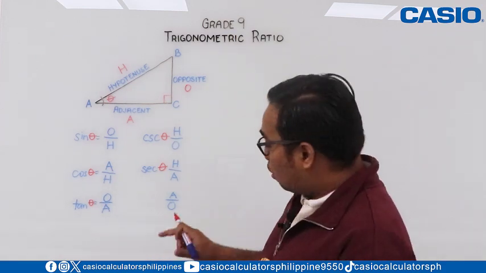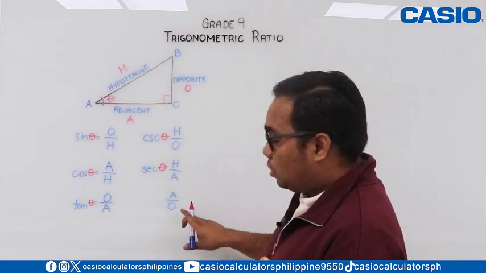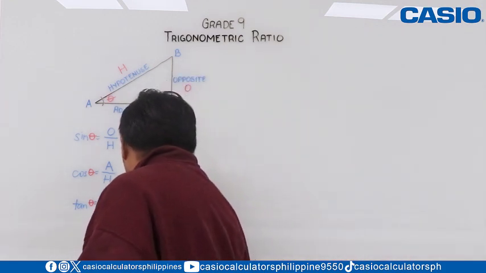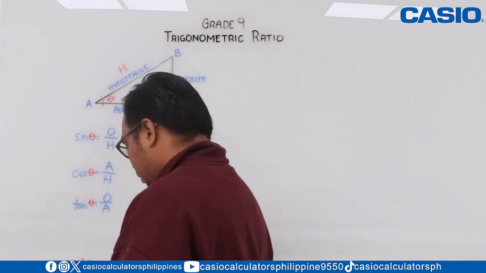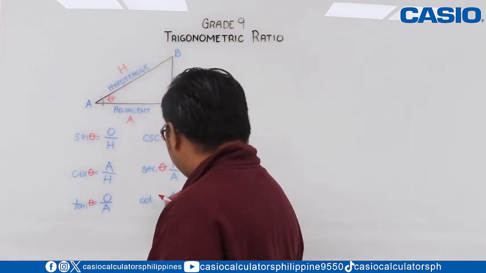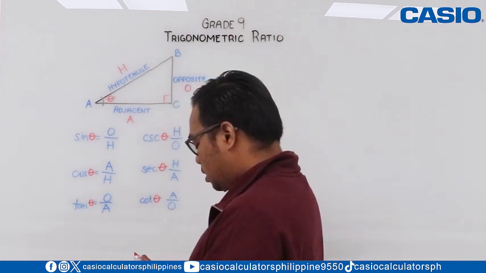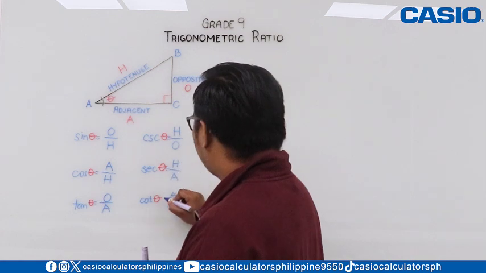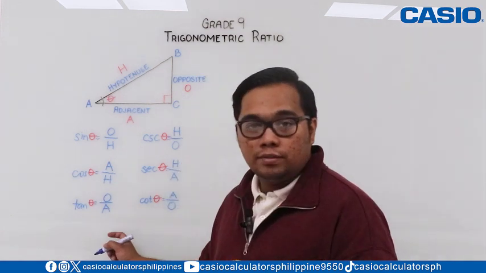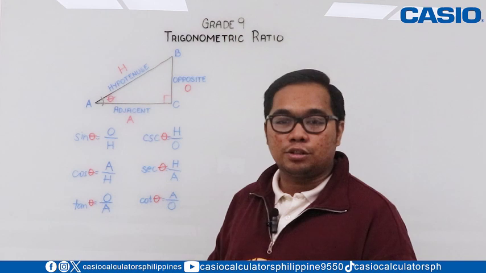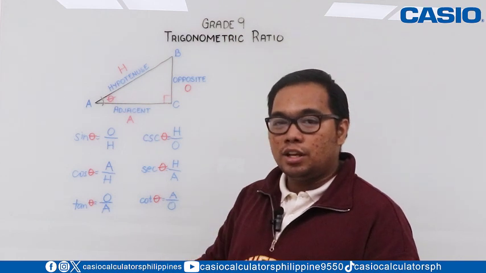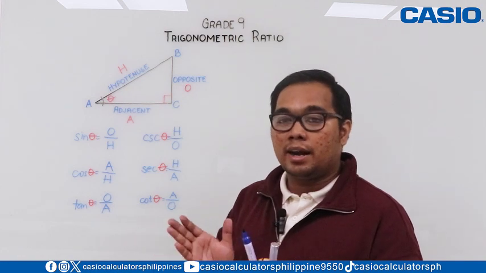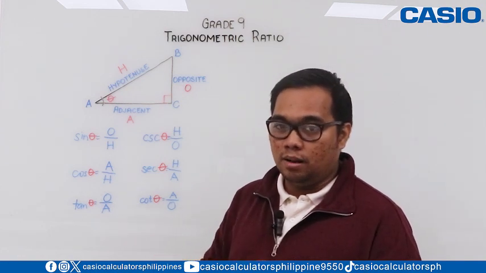And then, the ratio of the adjacent side to the opposite side is named cotangent. Okay, and don't forget to put the equal sign. Now, we have defined the six trigonometric ratios according to their definition, which is the relationship of the sides and angles of a triangle.